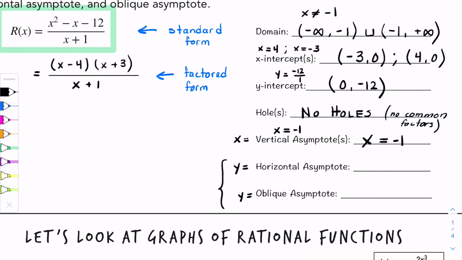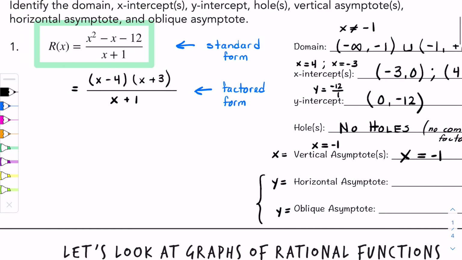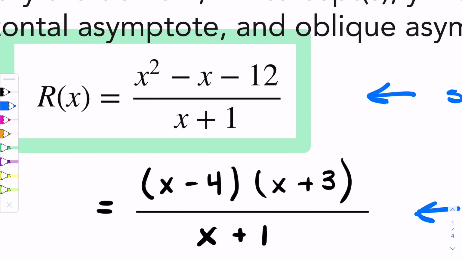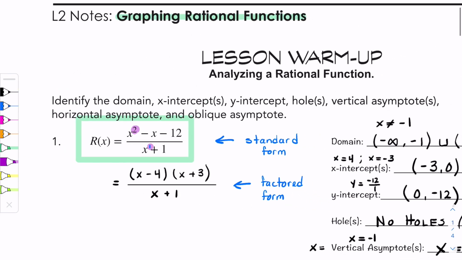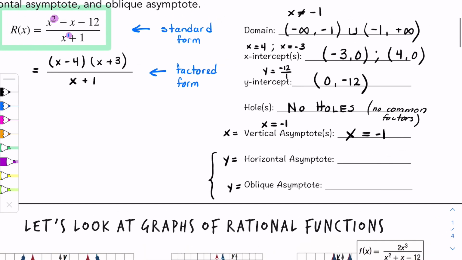All right, the horizontal asymptote is determined by the degree in standard form. So we need to look at our standard form equation. The largest degree of the denominator is 1. So recall that we have a numerator of degree 2, denominator of degree 1. If your numerator degree is larger than your denominator degree, then you have no horizontal asymptote.